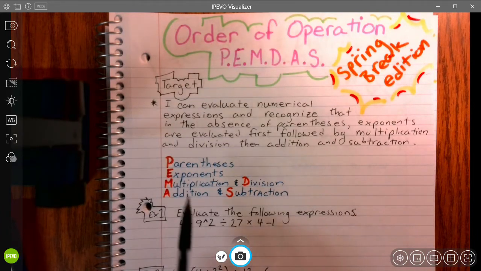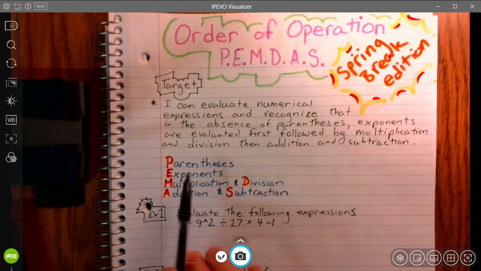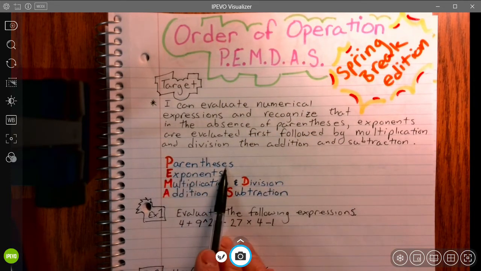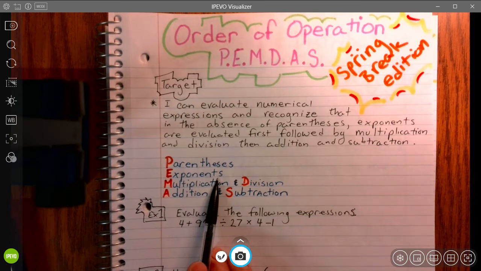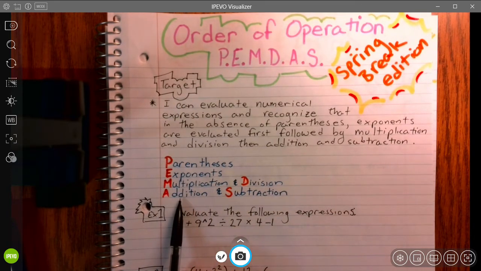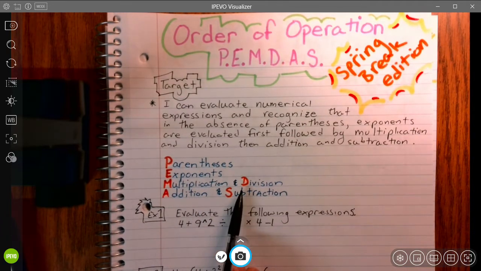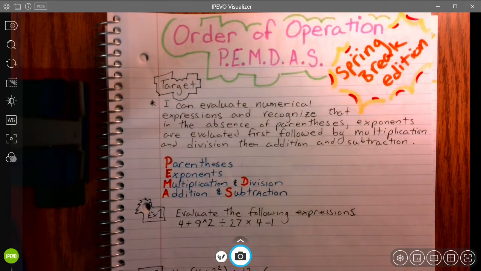So remember, PEMDAS stands for parentheses, exponents, multiplication and division, addition and subtraction. Notice multiplication and division and addition and subtraction are both grouped together.